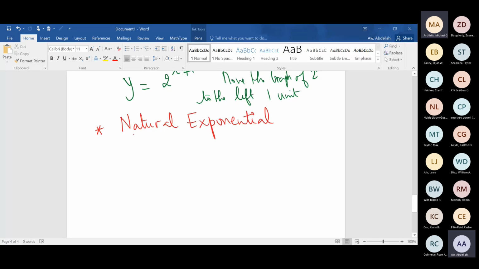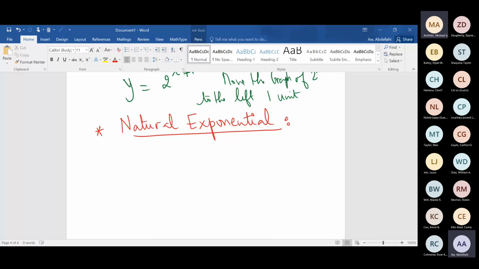It is an exponential which is very particular for its applications. It's not particular because of some math properties. It is particular because of its applications. Now, let me show you that number, that base. It is the base e.